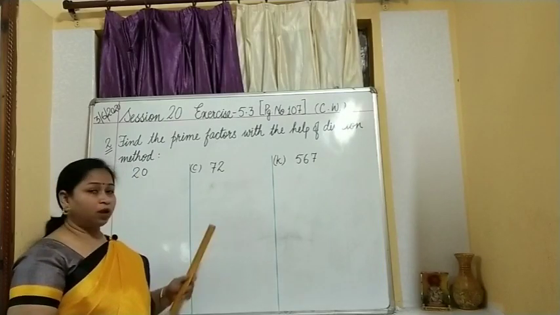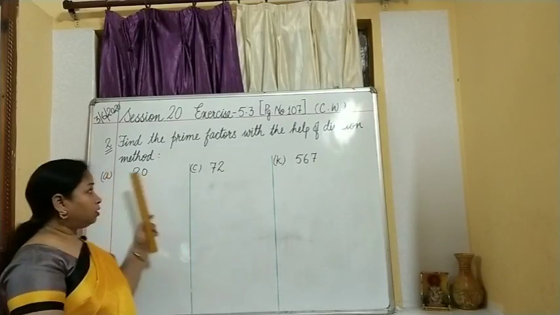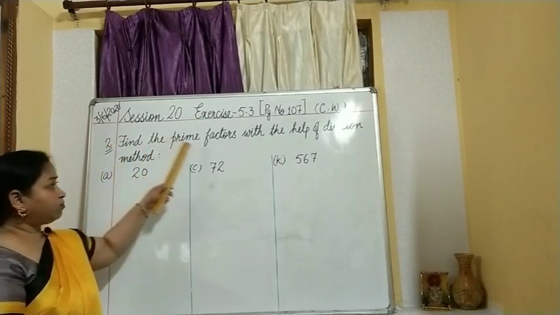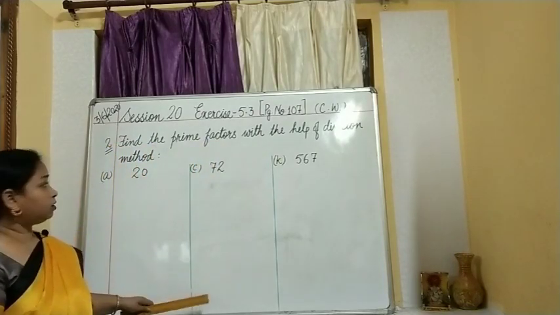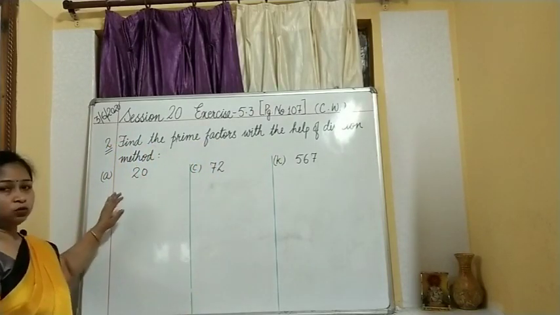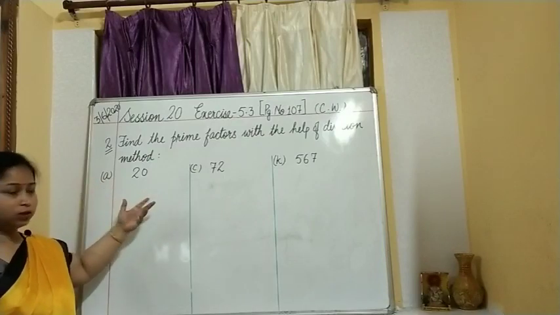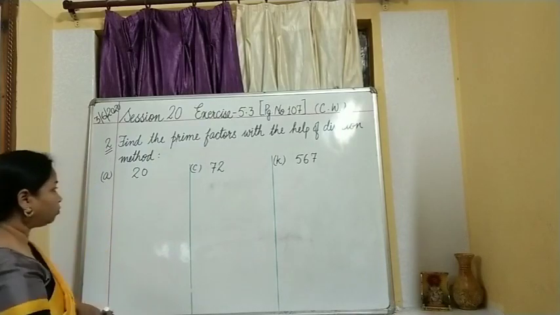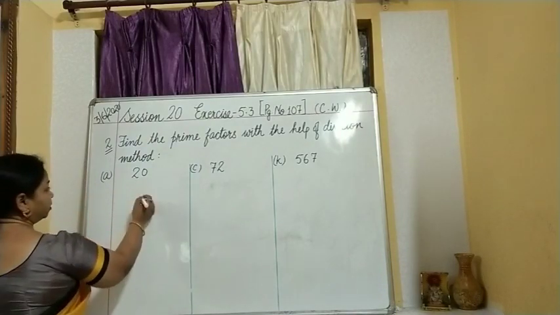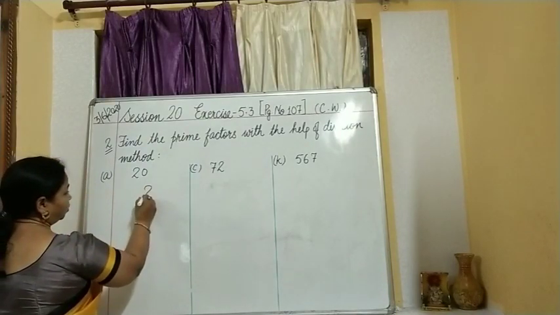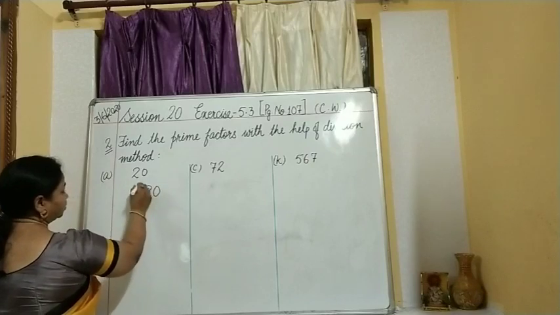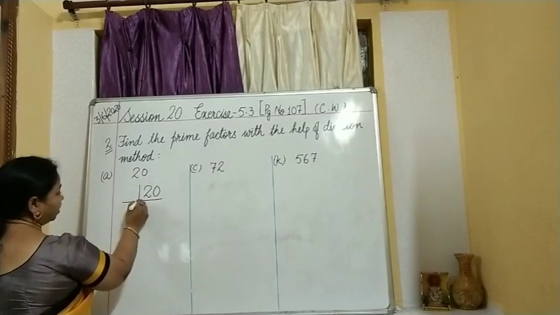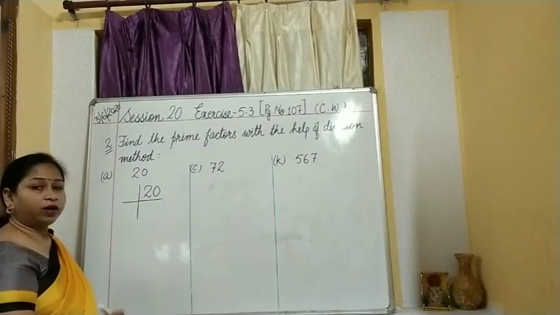Okay, so now we are going to learn how to find out the prime factors with the help of division method. Okay, so I have selected some questions, A, then C, then K. Okay, I will just show you how to do. You have number 20 over there. Now what is the smallest prime factor which will divide 20?